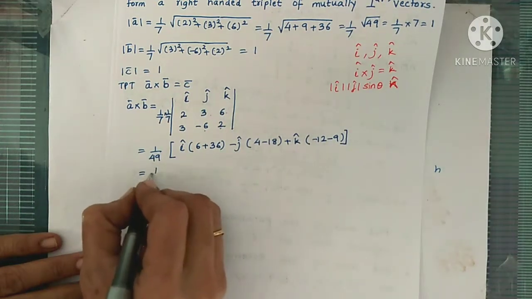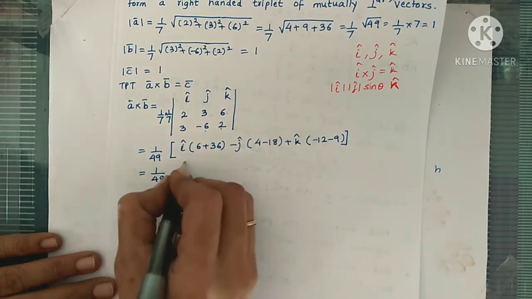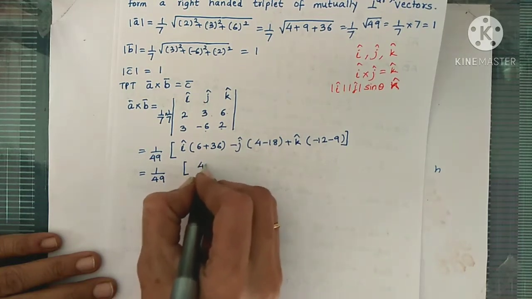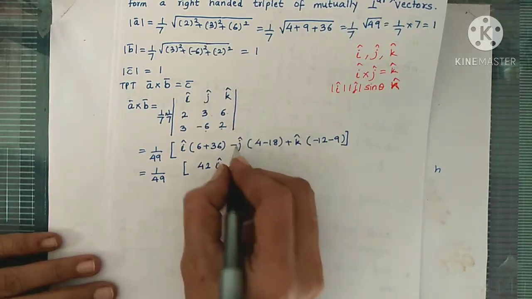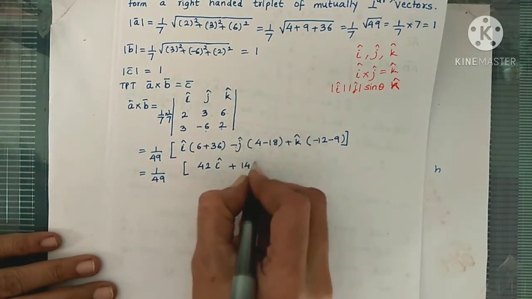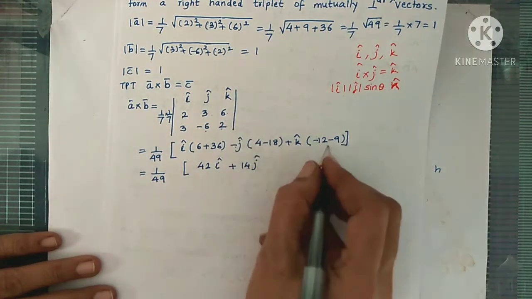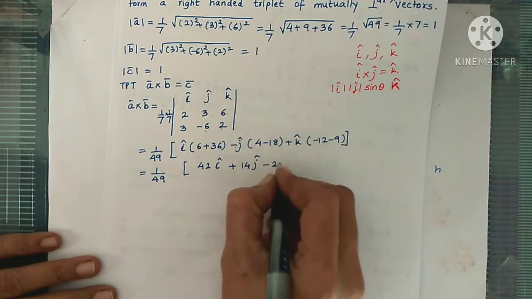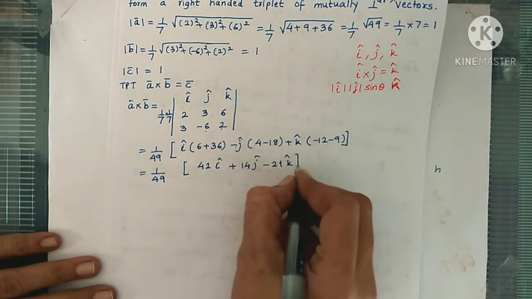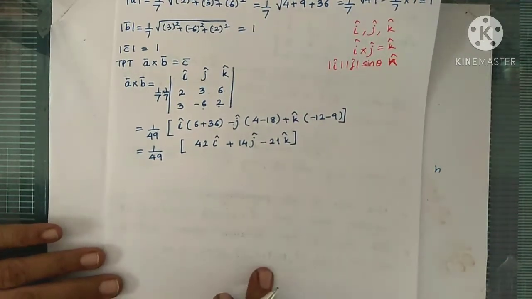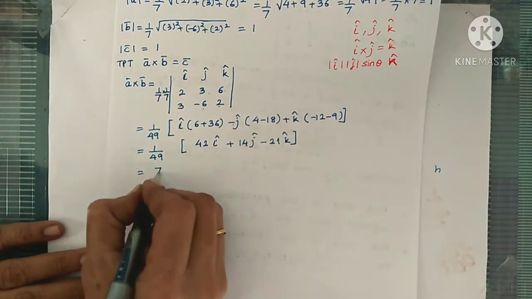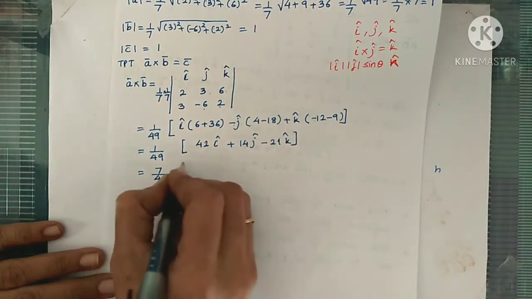So this is 1 upon 49, 42 i cap minus 14, and here we have minus sign, so it becomes plus 14 j cap, and last term is minus 21 k cap. So each term is a multiple of 7, so we can take 7 common. So it is 7 by 49.